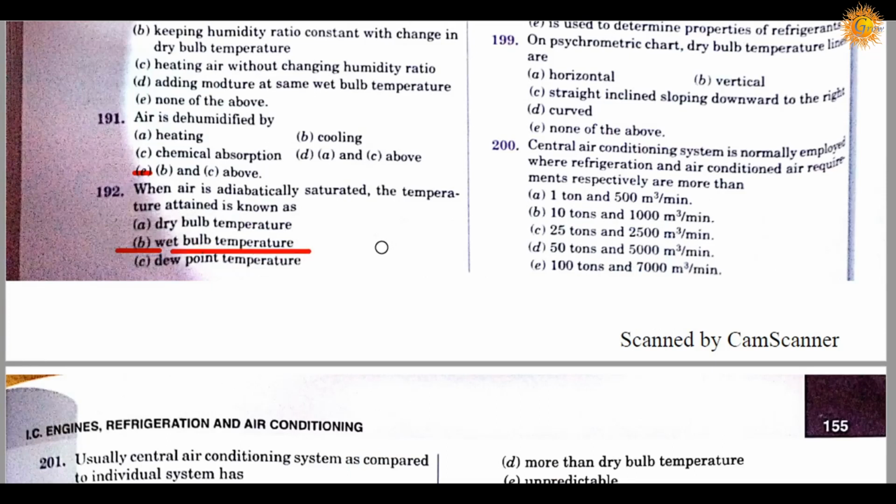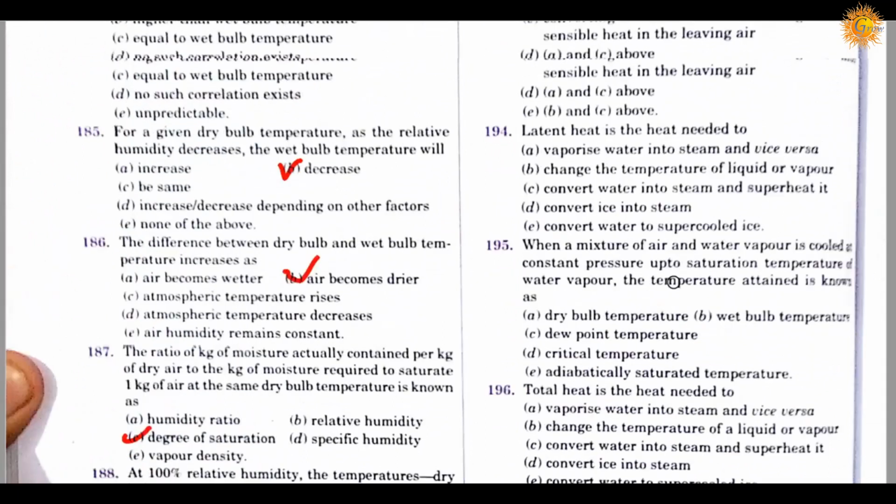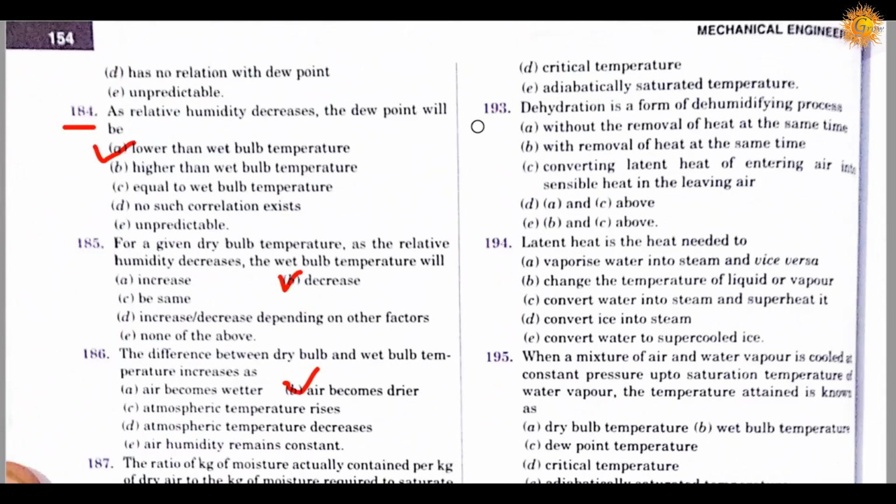Question number 193. Dehydration is a form of dehumidifying process. Option A, without the removal of heat at the same time. Option B, with removal of heat at the same time.